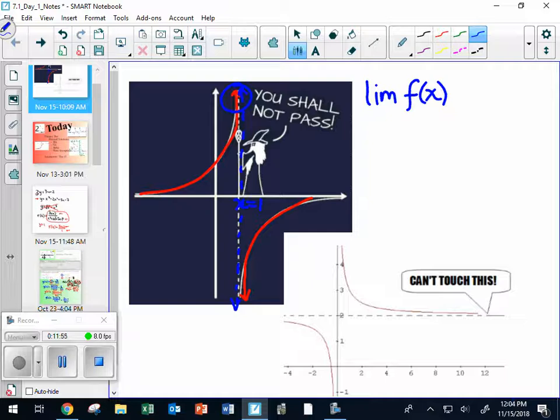That means for our limit, as our x value in our limit approaches 1, because our asymptote is at 1, then what's going to happen to our graph? Turn and talk with your table partner, these two rows, these two rows, and these two rows. Turn and talk with your partner. What is our limit going to reach?